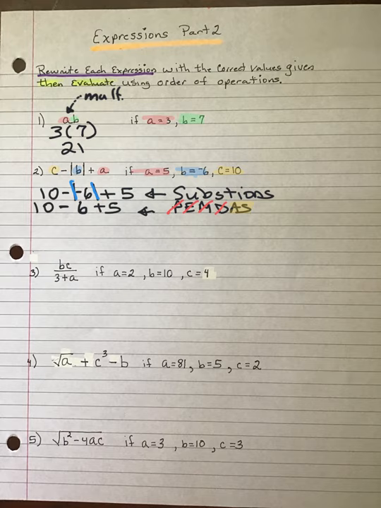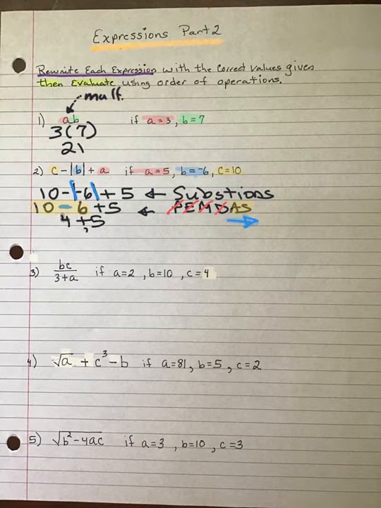Remember, adding and subtracting is from left to right, whichever of those symbols comes first. So notice that the subtraction came before the addition, so we must do the 10 subtract 6 first before we do the plus 5. So 10 subtract 6 is 4.